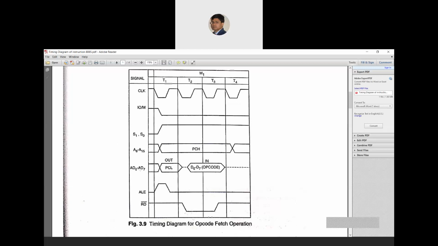Then AD0 to AD7 will hold whatever its previous value was, which is not considered, and then it will change its value and contain this PCL. So the combination of PCL and PCH is your 2000.